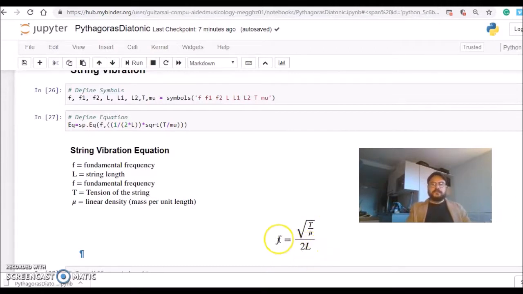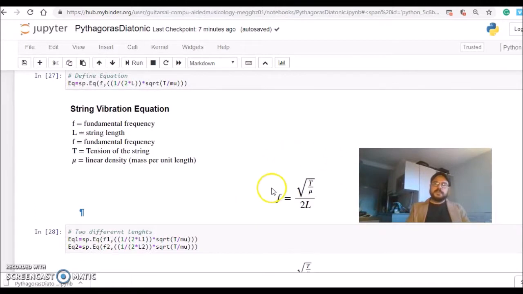So the fundamental frequency is the square root of the tension divided by the linear density, which is like mass per unit length. So here is where the gauge of the string and the material it is made of will influence. The tension is in newtons, the strength with which you're tuning your string, and then there is the length of the string.